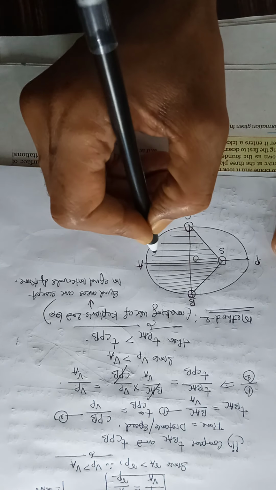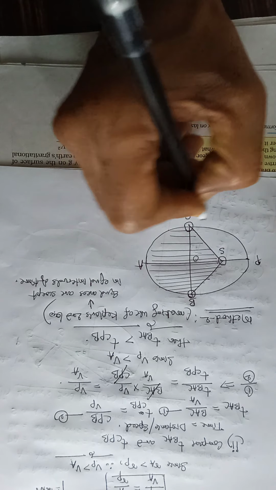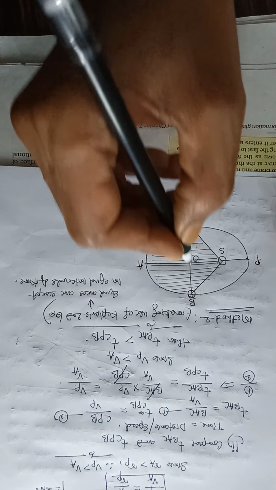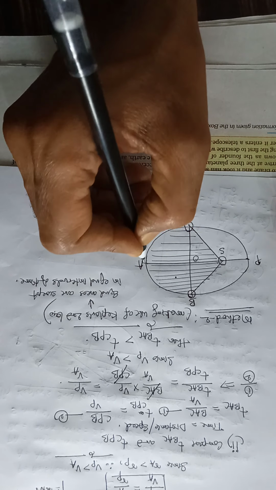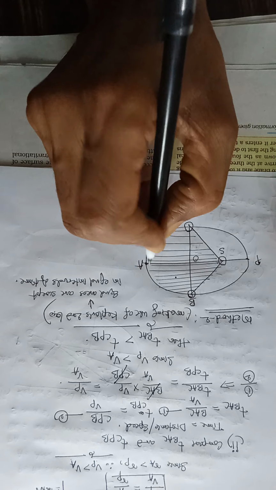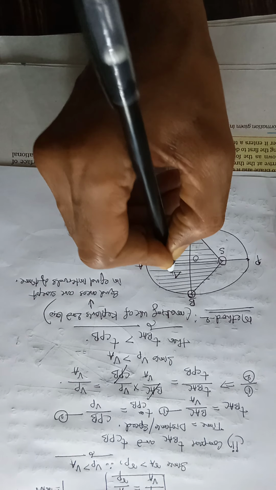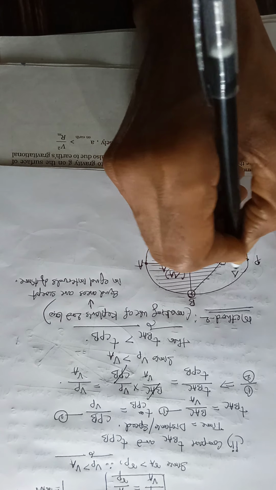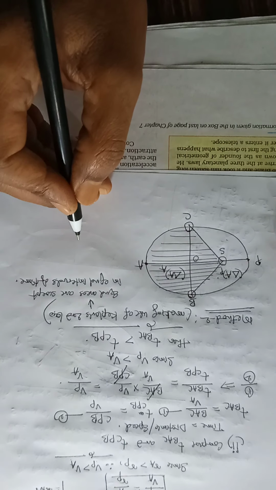Now afterwards the planet will be moving from C to B through P. See this area, say this area is nearer to aphelion point and this white part is nearer to perihelion point.